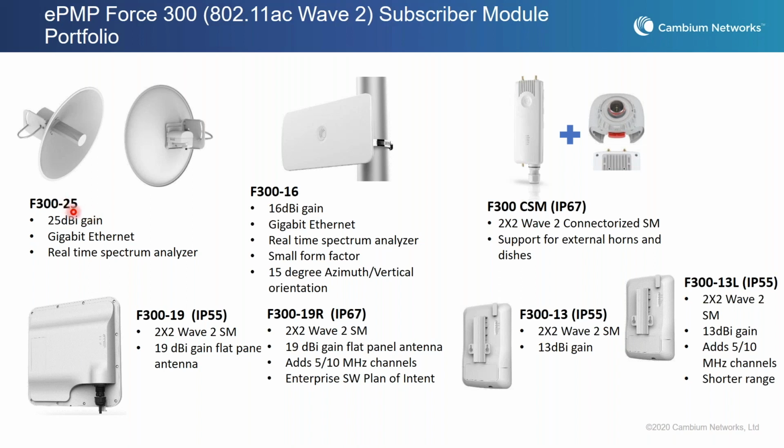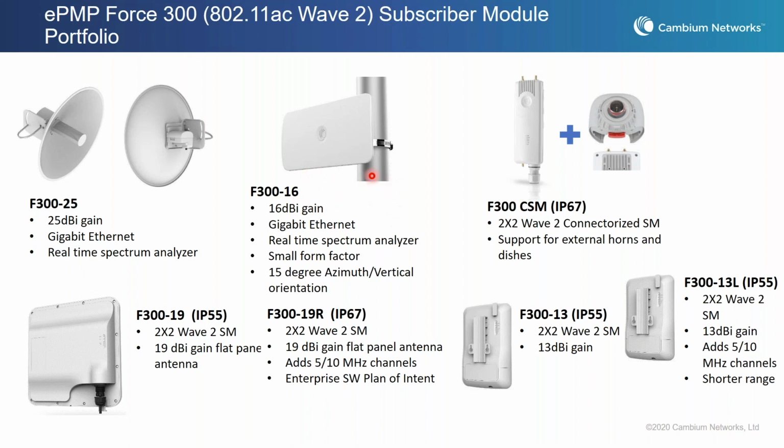And what we did was to make the antenna gain obvious in the naming. So for instance, the FOS 300-25 has an antenna gain of 25 dBi. FOS 319 means that it has an antenna gain of 19 dBi. FOS 316, same thing, antenna gain of 16 dBi.